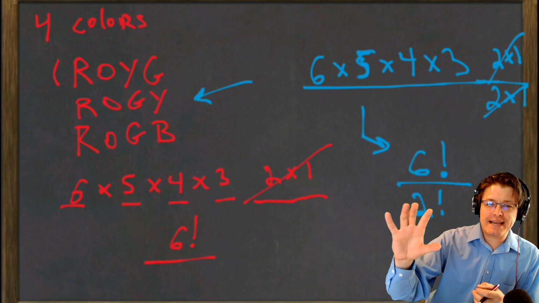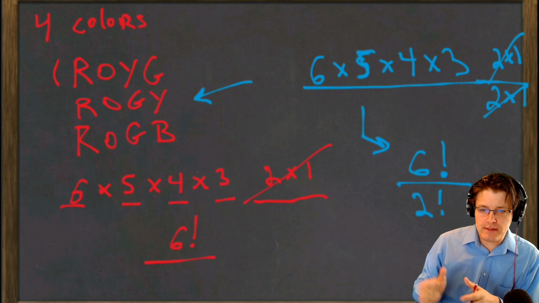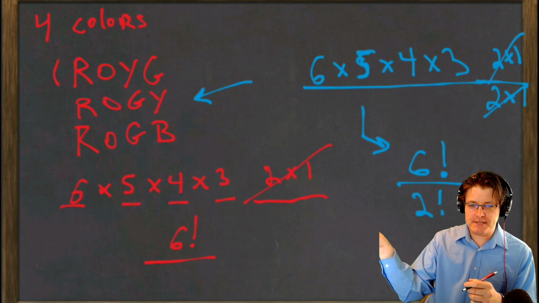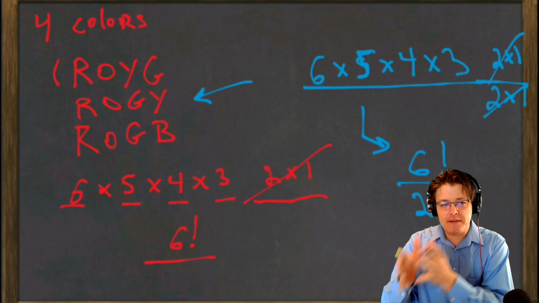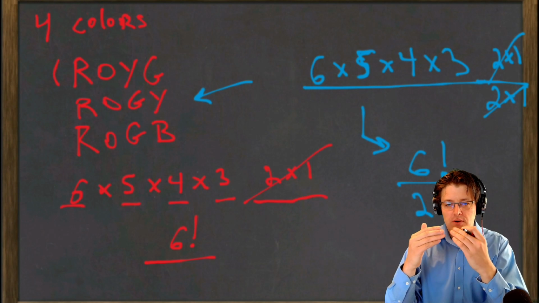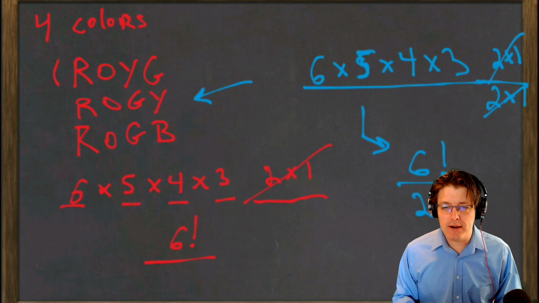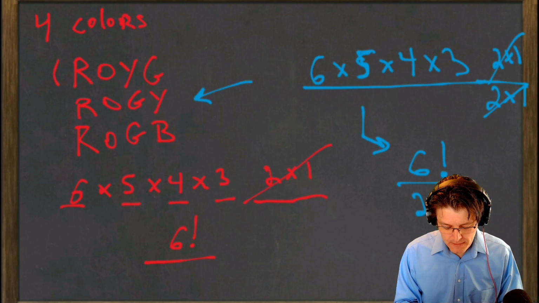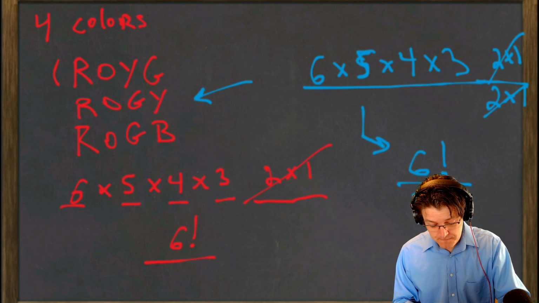But I want you to see the connection as to why we're doing this form of it in place of just writing it all out. So we can think about 6 times 5 times 4 times 3 as 6 factorial over 2 factorial, right? Because if we write that all out, we can cancel out the 2 and the 1 from the numerator and the denominator.